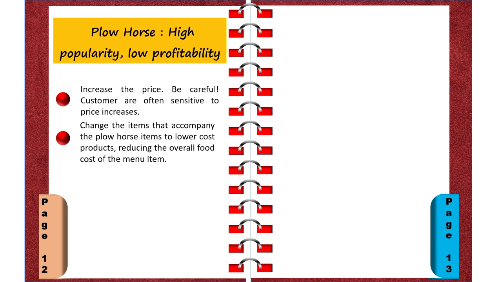That means, suppose a particular dish X is served with some other food items to make it a complete dish. We can decrease the cost of those items which are accompanying this particular dish X. So automatically your food cost will be a little lower, and if the food cost is lower, it will ultimately help your profit margin. That also is possible. We can take that kind of decision as well.